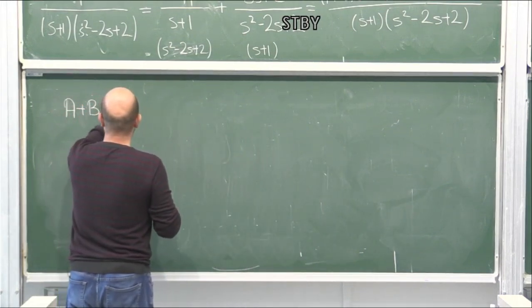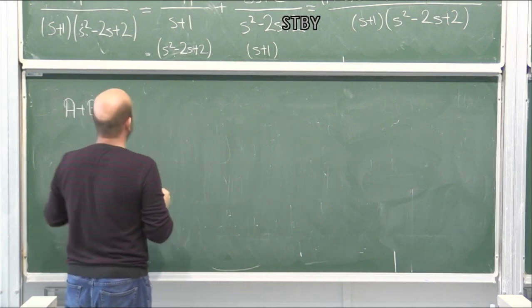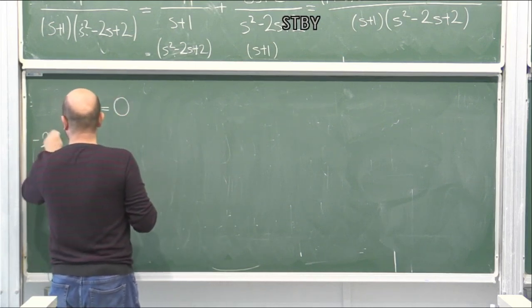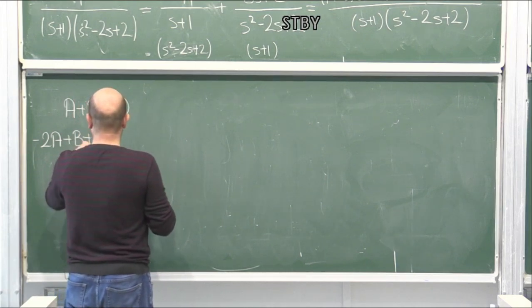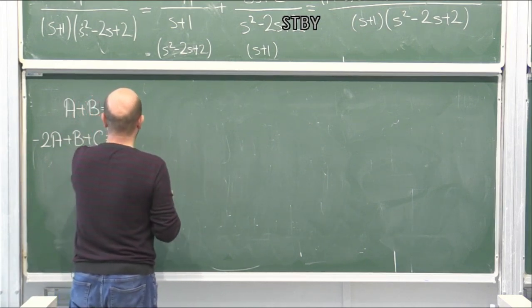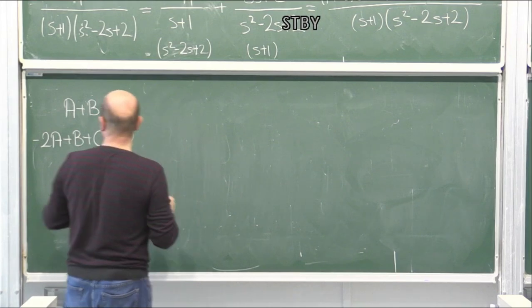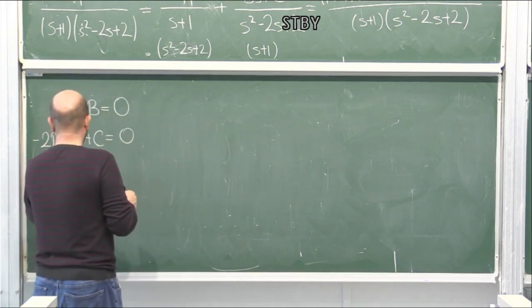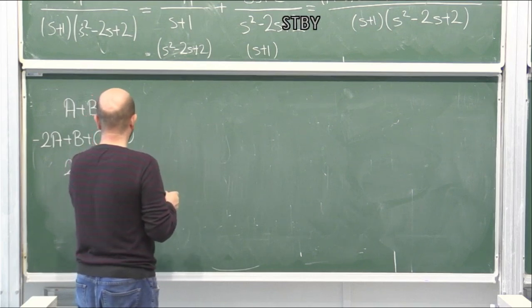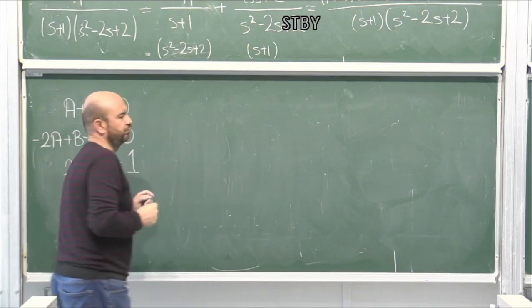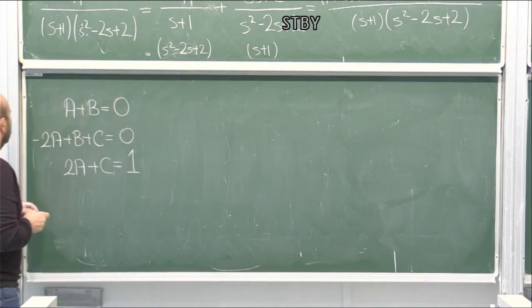So I get the following: a plus b must be 0, and minus 2a plus b plus c is equal to 0, and we have 2a plus c is equal to 1. So this is what we have here.